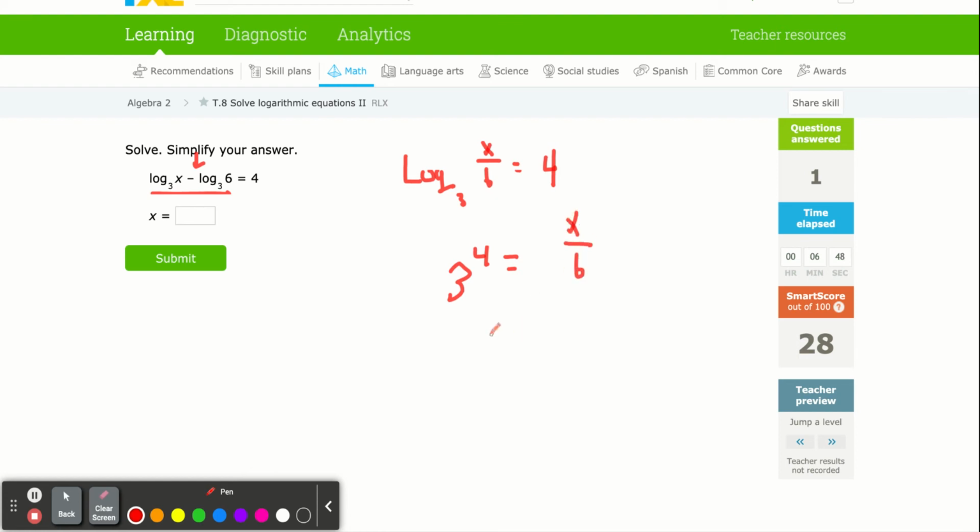And then it's a simple equation. 3 to the 4th, by the way, is 81. Be careful you do it as a power. Don't do 3 times 4 and get 12, because that's what popped into my head. It's 3 times 3 times 3 times 3, which is 81, equals x over 6. And again, you might have to use a calculator to multiply 81 by 6, but we get 486 as our final solution, 486.